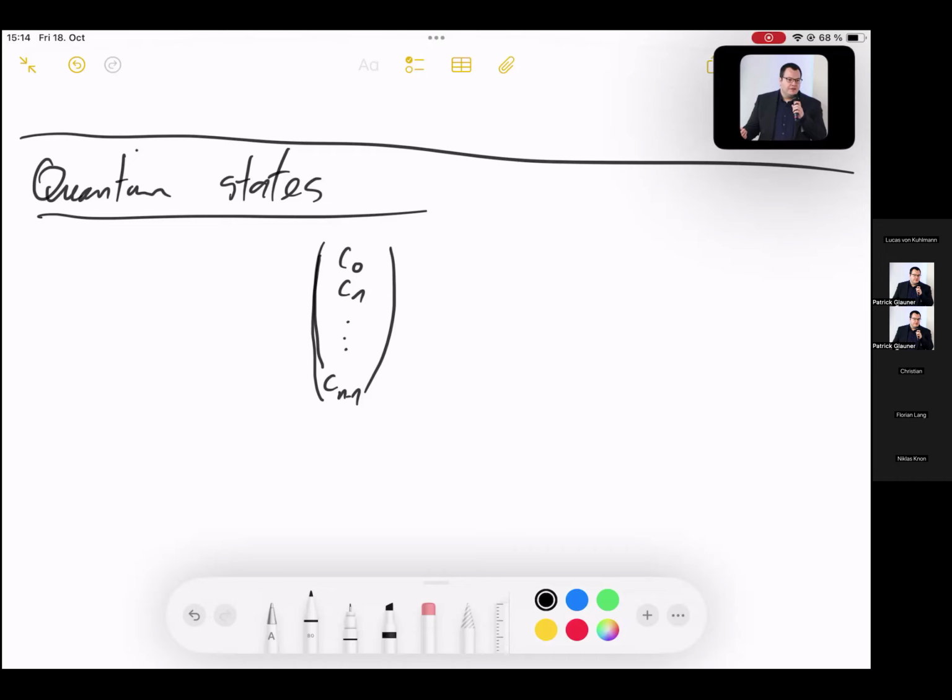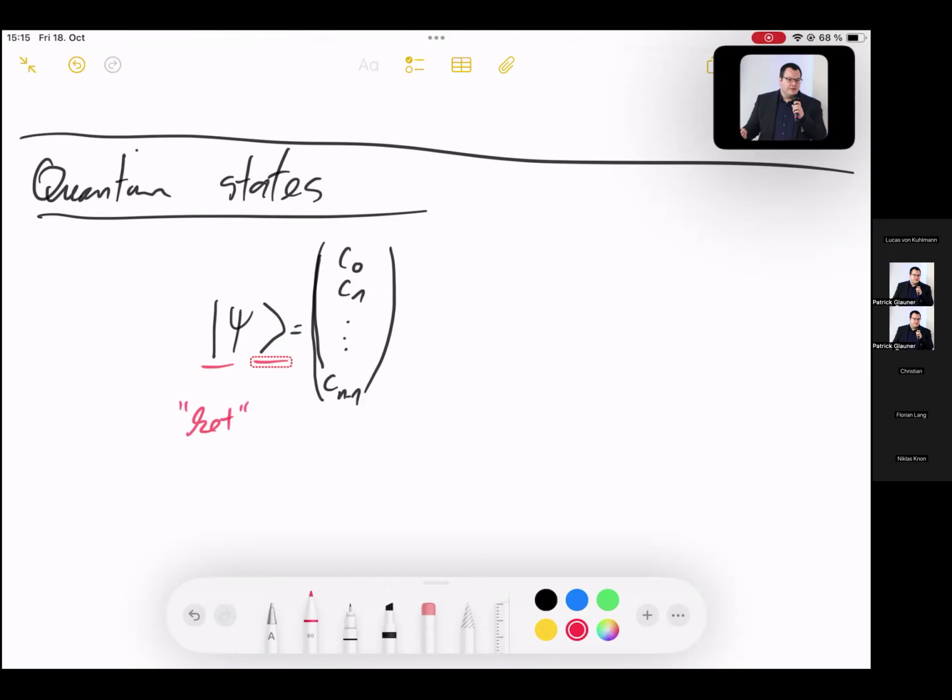And a notation we will later use to call such, so it's just a vector, but often these vectors in the literature are denoted with a Greek symbol, psi, and to describe this kind of column vector, we use this bra-ket notation, and this one here, what I'm highlighting here in red, this notation is called ket.